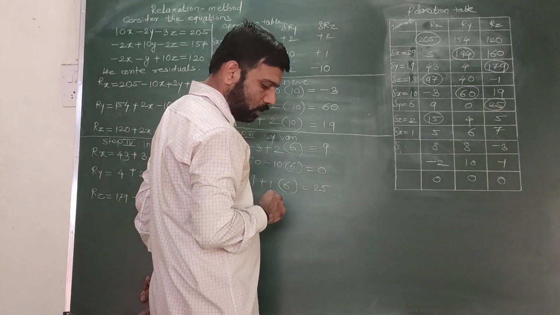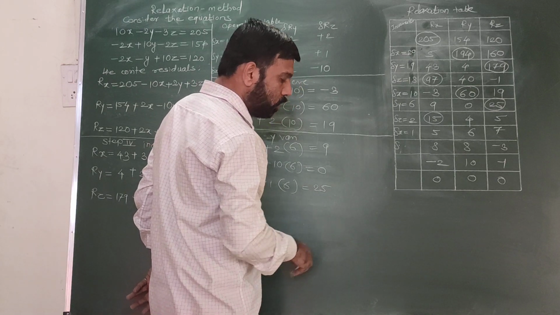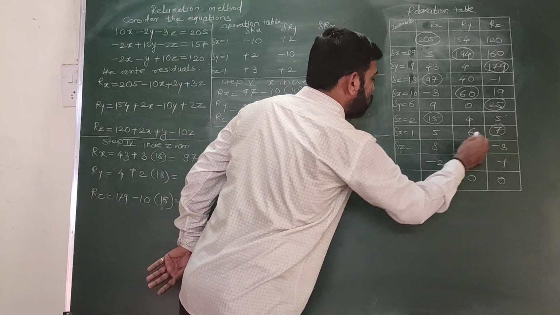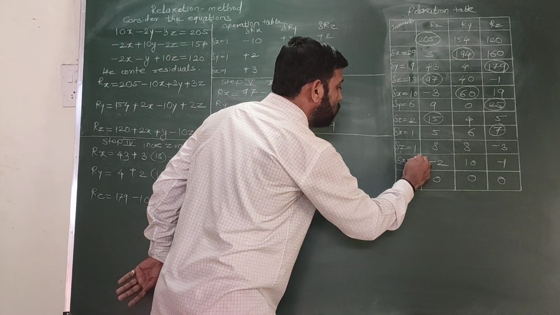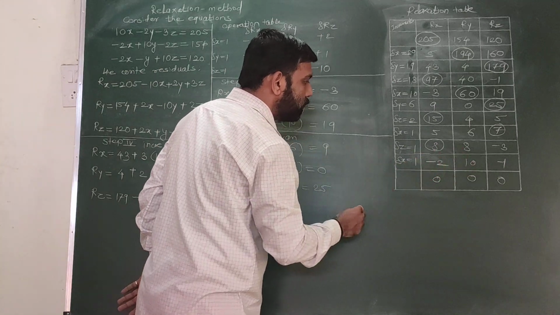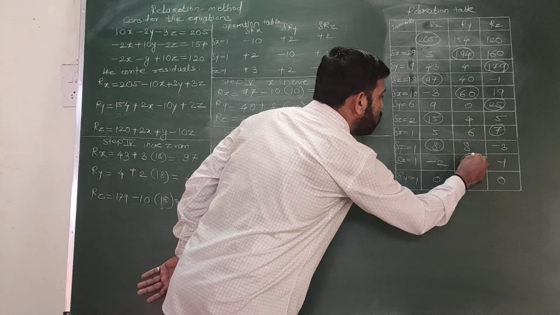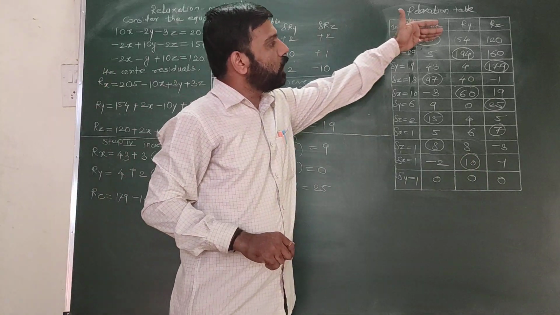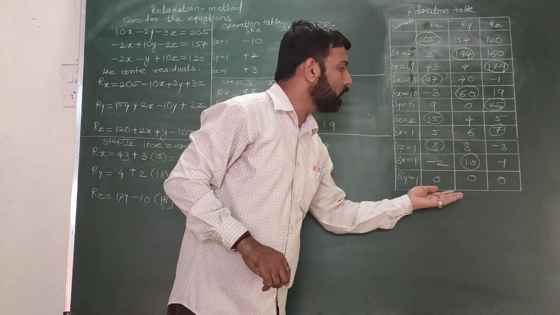Then delta z is equal to 1, then delta x is equal to 1. Suppose this we have chosen from these two comparison, and the last delta y equals to 1 because this is the numerically largest.